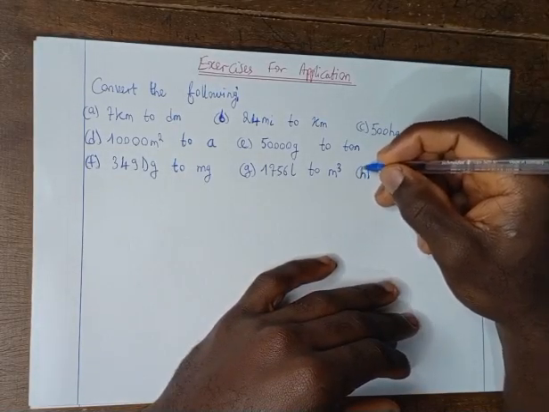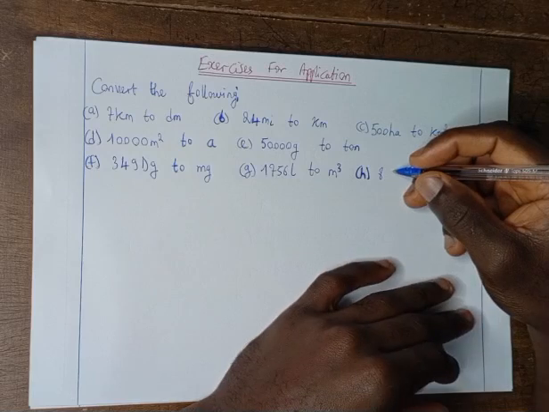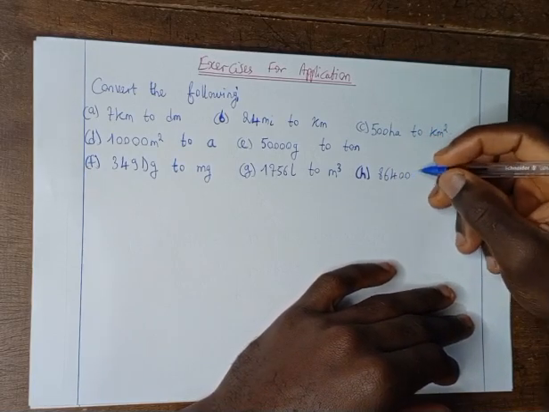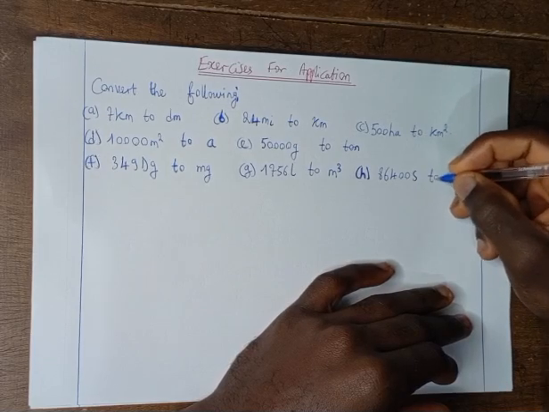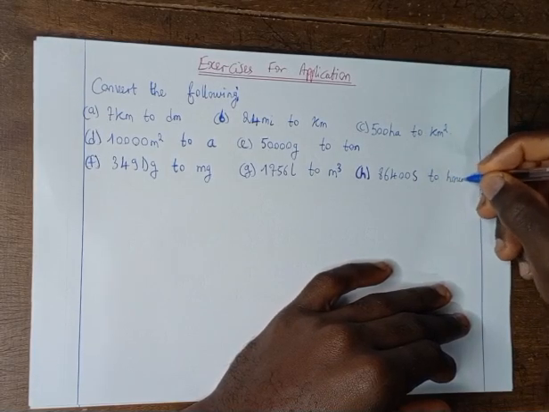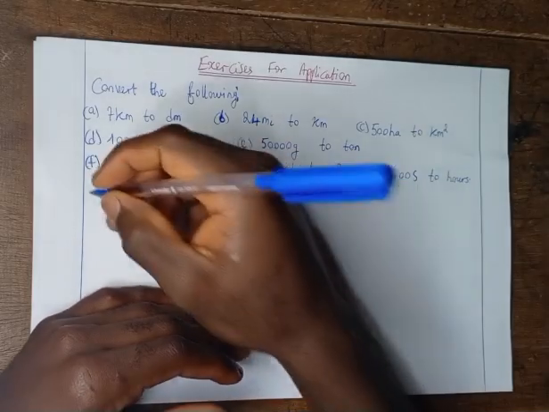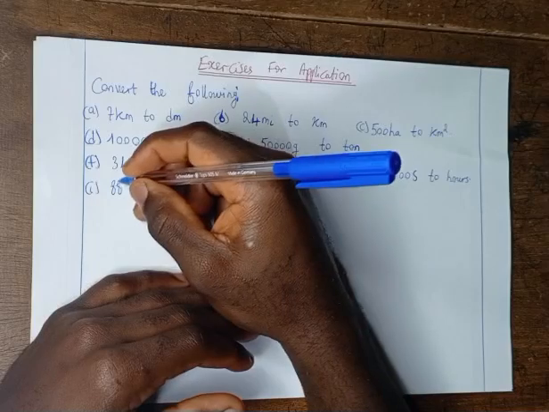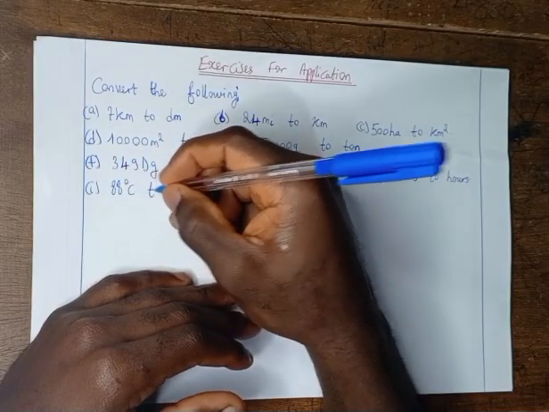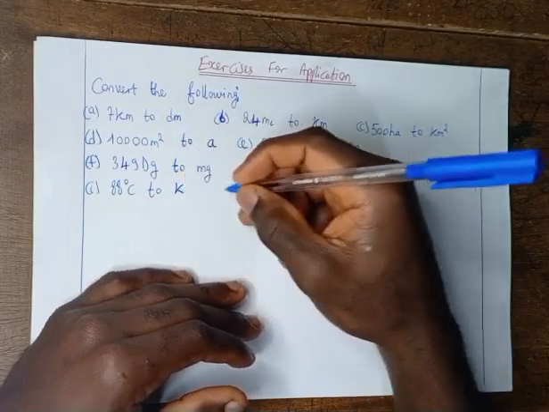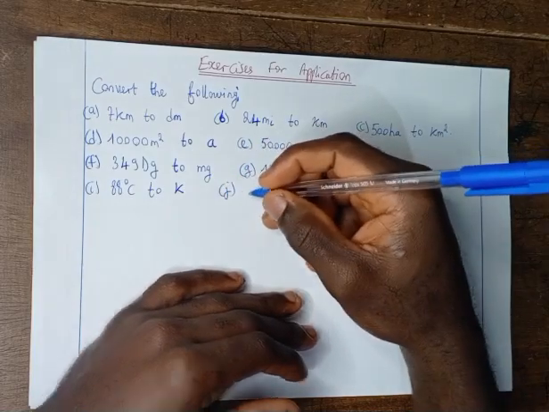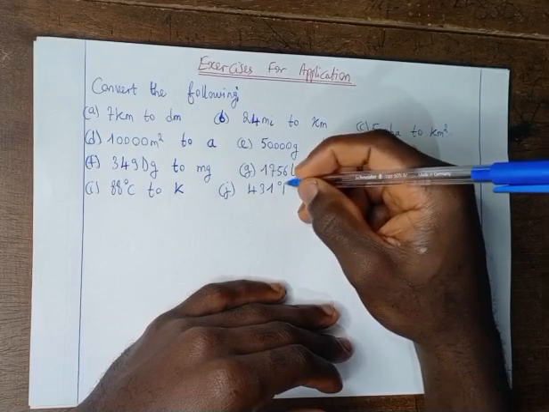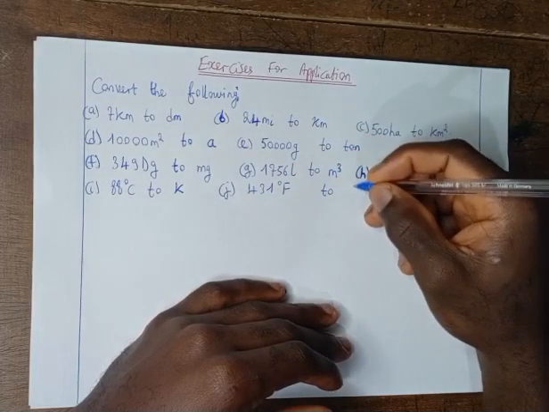H, 86,400 seconds to hours. I, we have 88 degrees Celsius to Kelvin. J, we have 431 degrees Fahrenheit to Kelvin.